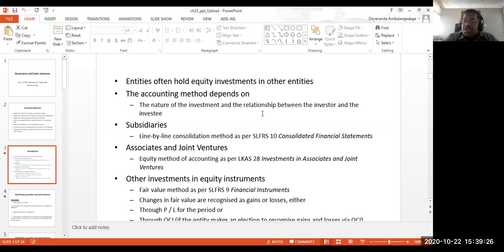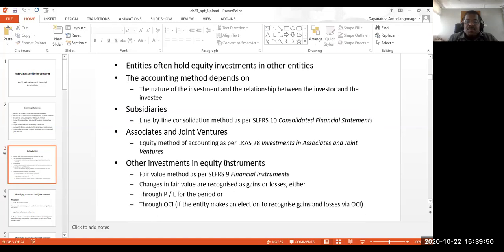You do the consolidation, line by line consolidation method. But in associates and joint ventures, as per the standard LKAS 28, the equity method of accounting is applicable. But there are other investments in equity instruments. Then of course you have to follow financial instruments, SLFRS 9, either by using fair value through profit or loss or fair value through OCI.